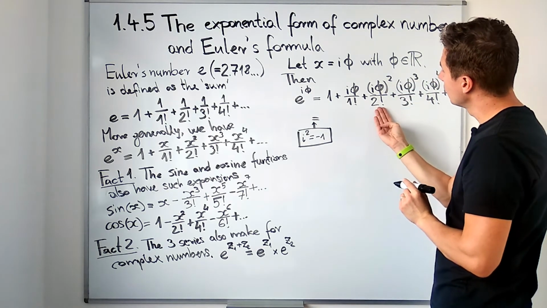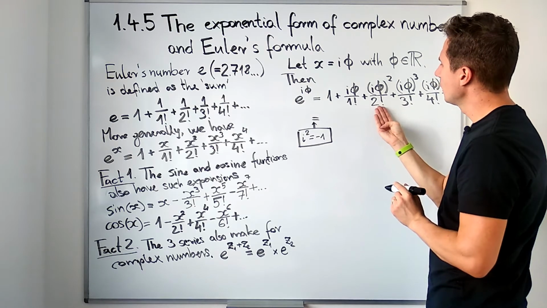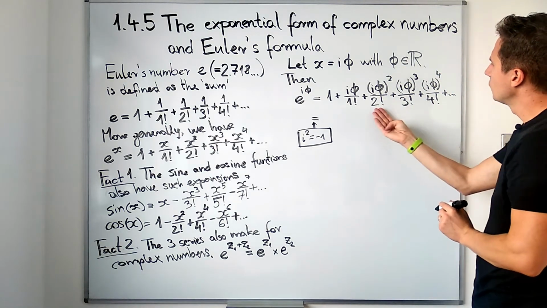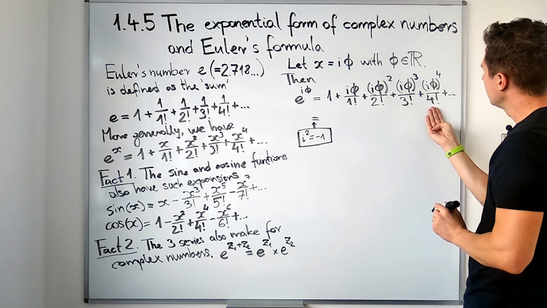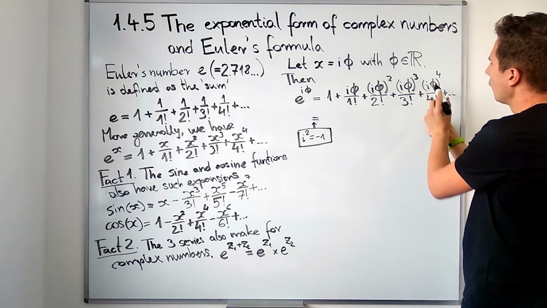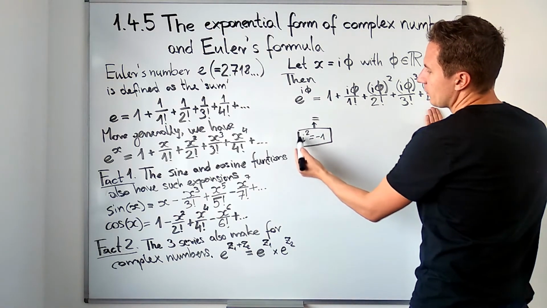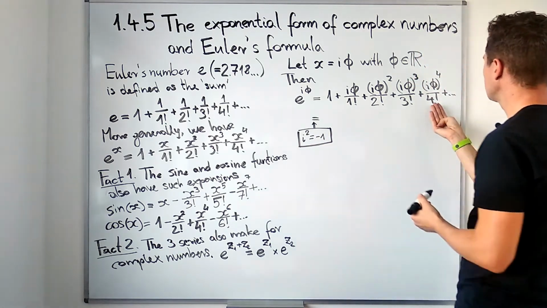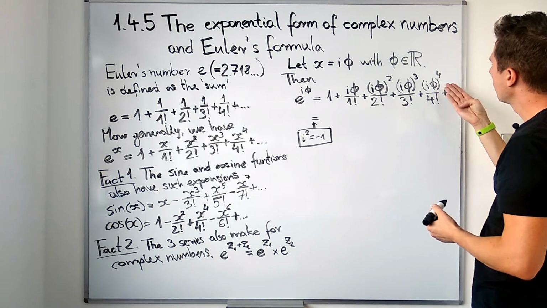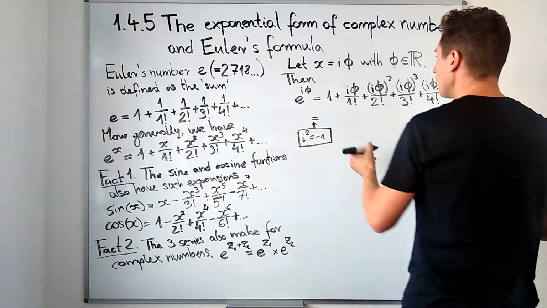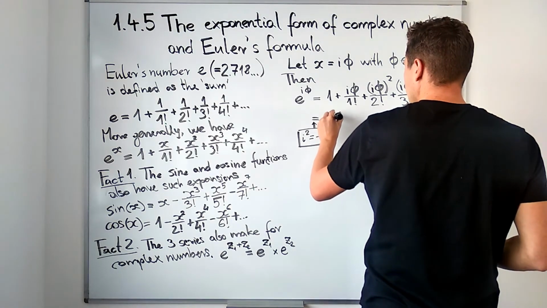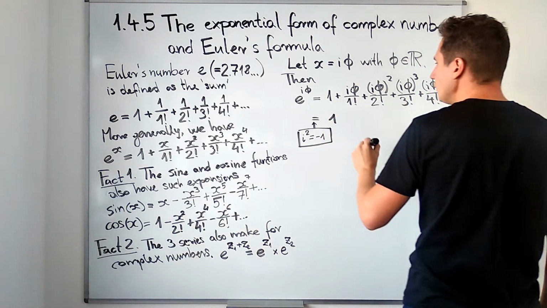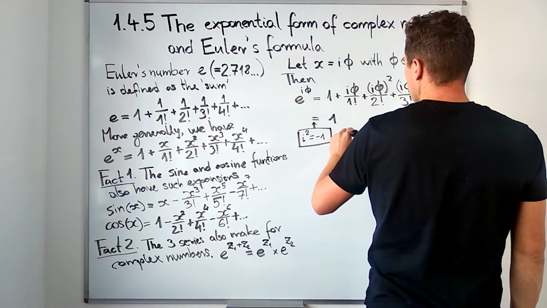So that's actually a real term, because phi was a real number. Similarly, two terms down the line, this 4th power of i, you have to square this relation to get i to the 4, that's +1, leaving you with phi to the 4 divided by 4 factorial. So let's collect the 1st, 3rd, 5th, and so on, the even number terms.